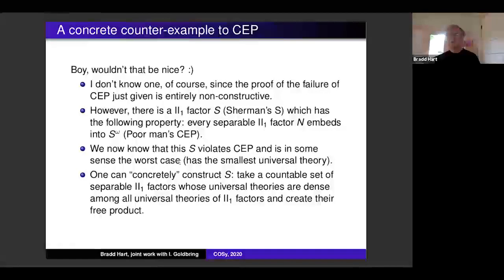It's the famous Sherman S. David claims that he used S because S was the next letter after R, but Ilias and I always joked with him that he was just naming it after himself. There is a II_1 factor with the property that every separable II_1 factor embeds into its ultrapower. And you can concretely get this by doing what I say in the last bullet point. I'm sure George is perfectly unhappy with this answer, but.